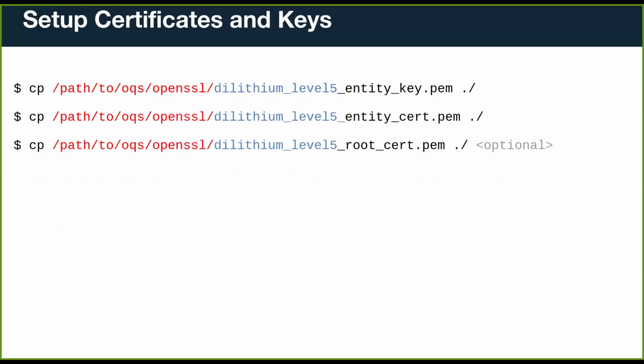And now it's time to set up the certificates. If you remember, we had that script from our OSP repo that generated the Dilithium certificate chains. We copy all of those into the directory where we built Lighty.